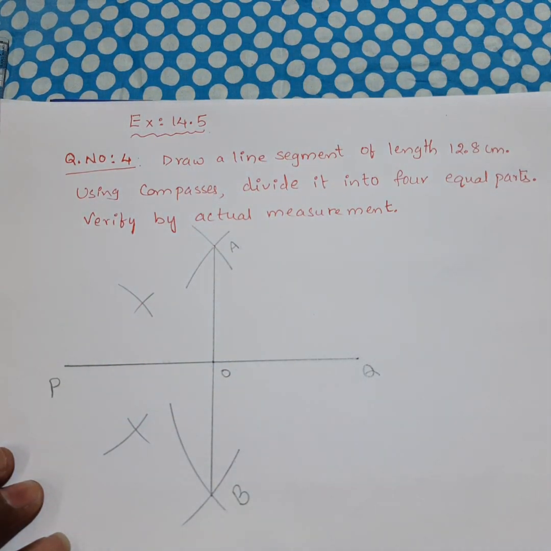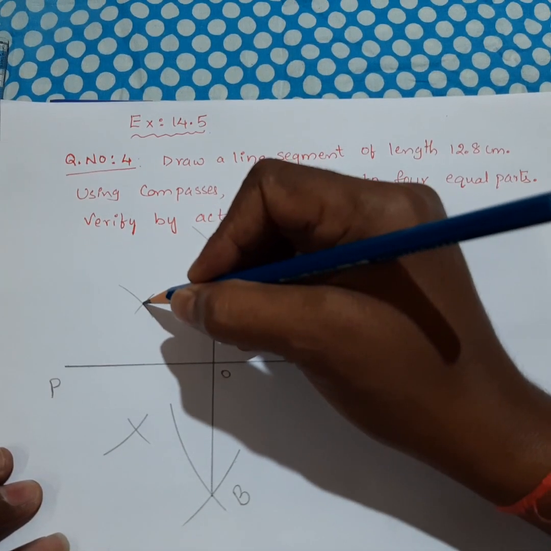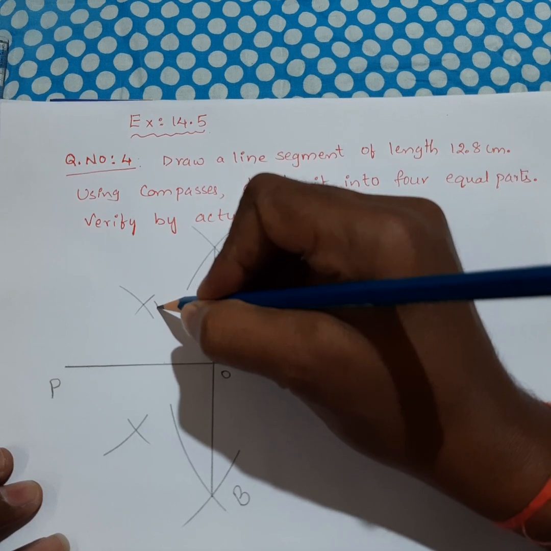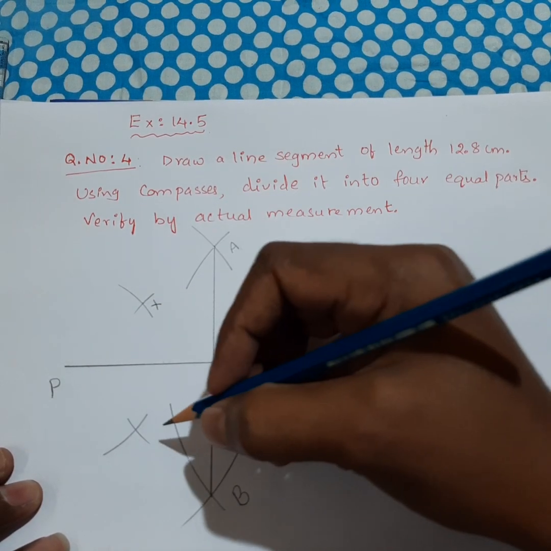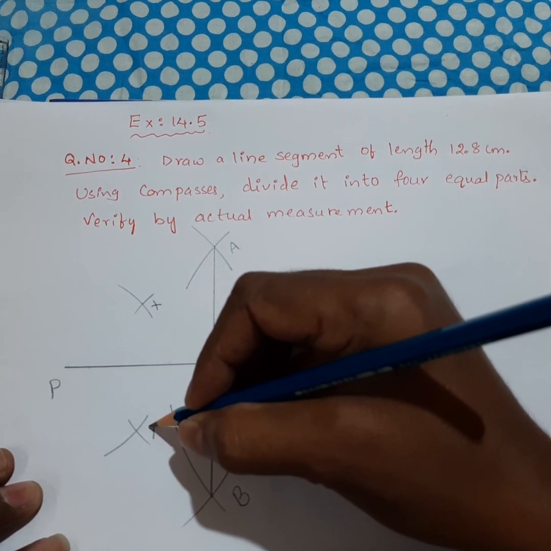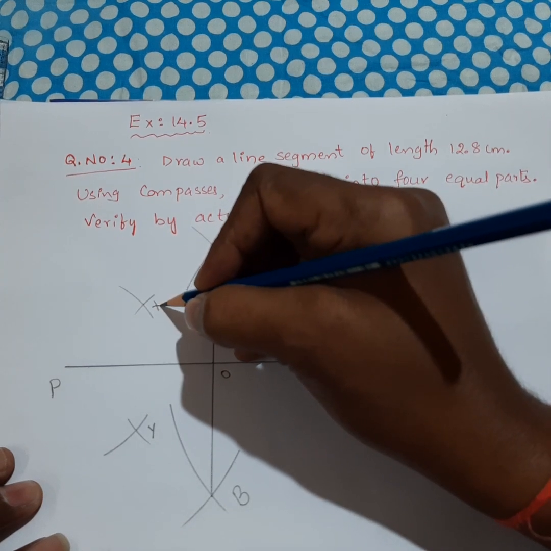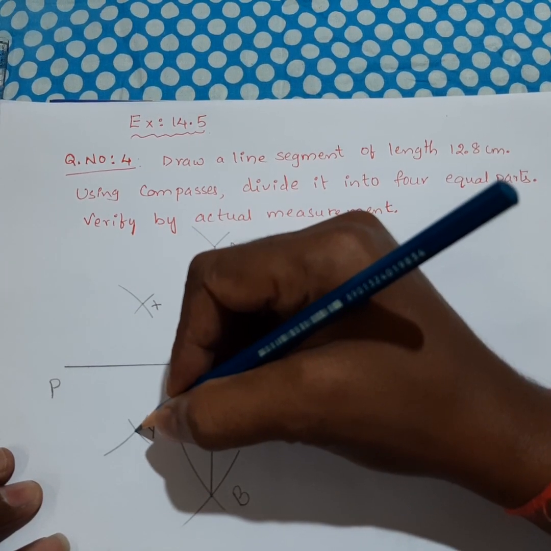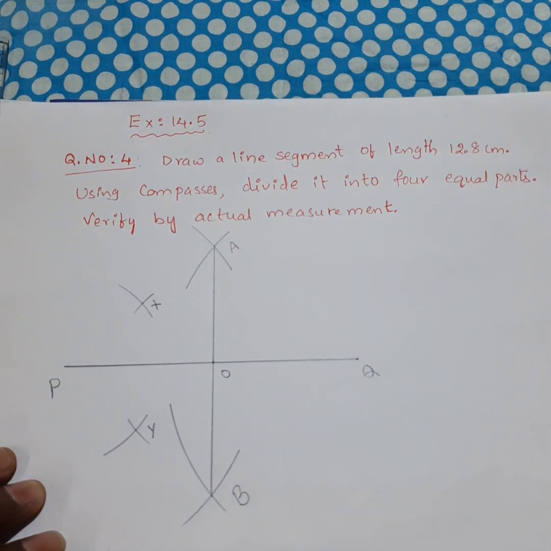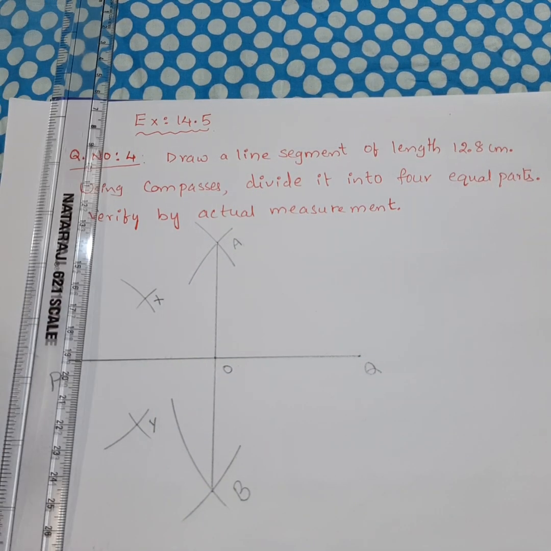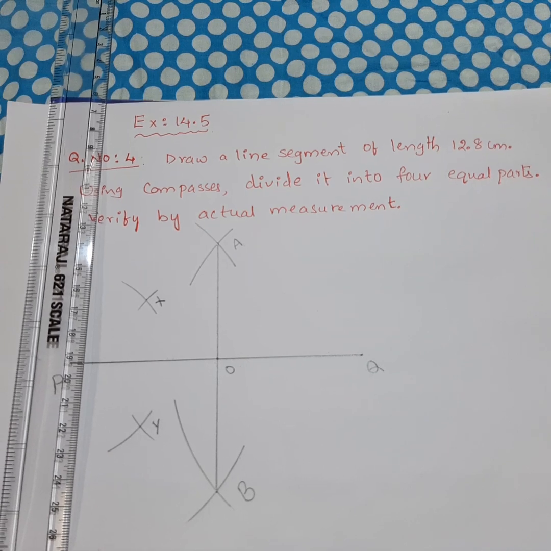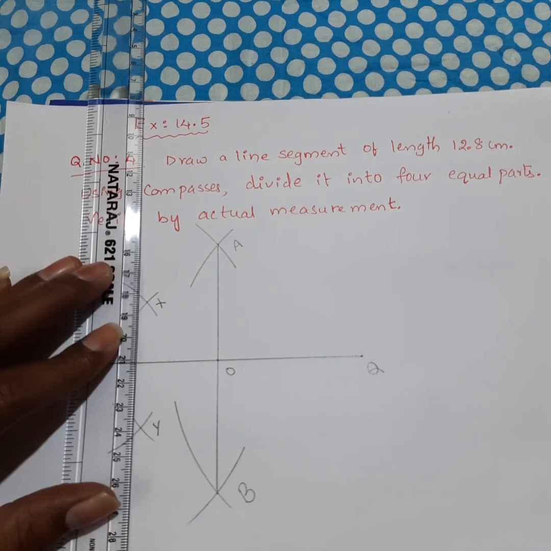Clear? After cutting those, you need to give some names for those points. Here I am going to take two more points, X and Y. Now join XY. That means we need to draw the perpendicular bisector of PO.